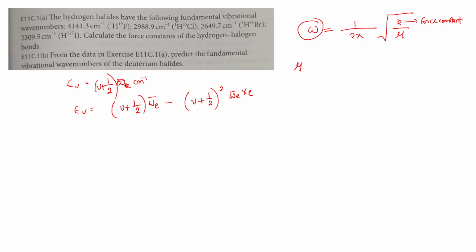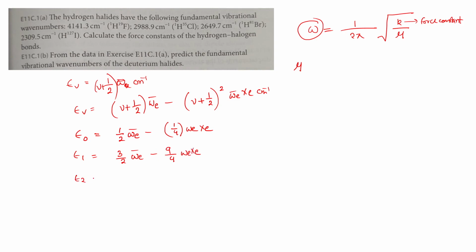So let us see what E0 is. E0 is half ωe minus quarter ωexe, these are all in centimeter inverse. So 1/4 ωexe. What about E1? It will be 3/2 ωe minus 9/4 ωexe.